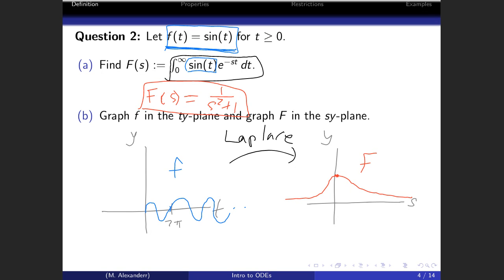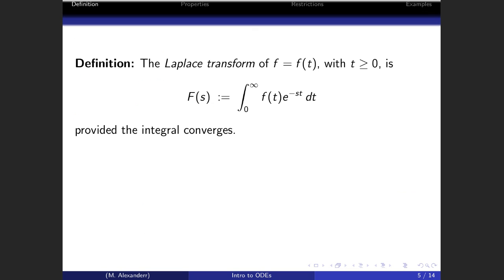All right, so we can make this a little bit more general. We don't have to just put in the sine t function. We can also put in other functions. So here, just to make it a little bit more formal, f could be any function. At least at the moment, we are saying that f could be any other function, and then we put it into the black box, multiply by e to the negative st, and then do the calculus 2 integration.